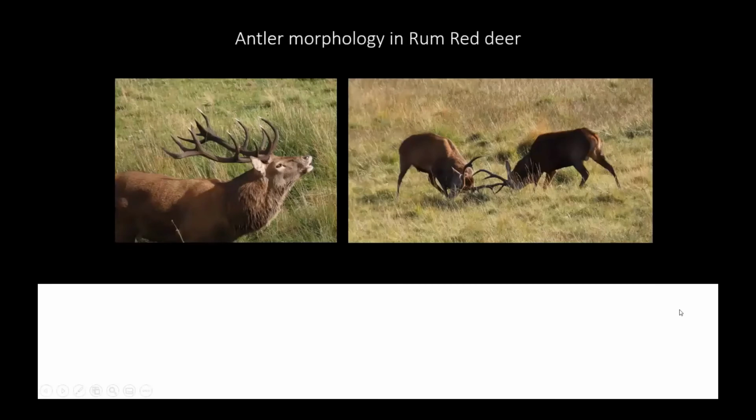So I'm now going to move on to a related phenotype, but where we see quite a different pattern. And this is in antler morphology in Rum red deer. Deer have these antlers that are again really important for intramale competition, and males that are better in this competition tend to hold harems of females.